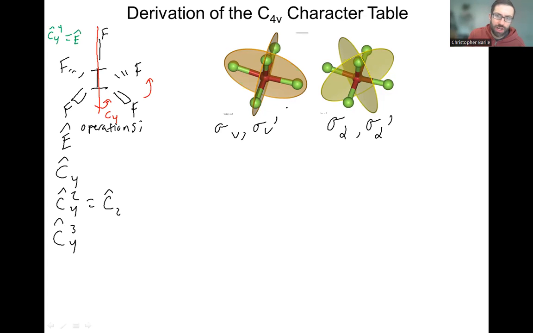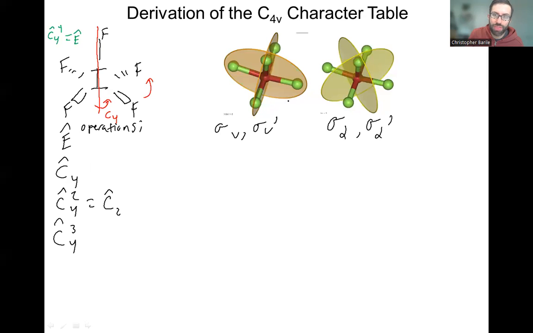The definition of what distinguishes dihedral mirror planes, sigma D's, versus vertical mirror planes, sigma V's, is that sigma D's bisect perpendicular C2s. I get into that in other videos, but actually this is a C point group, so there aren't any perpendicular C2s.